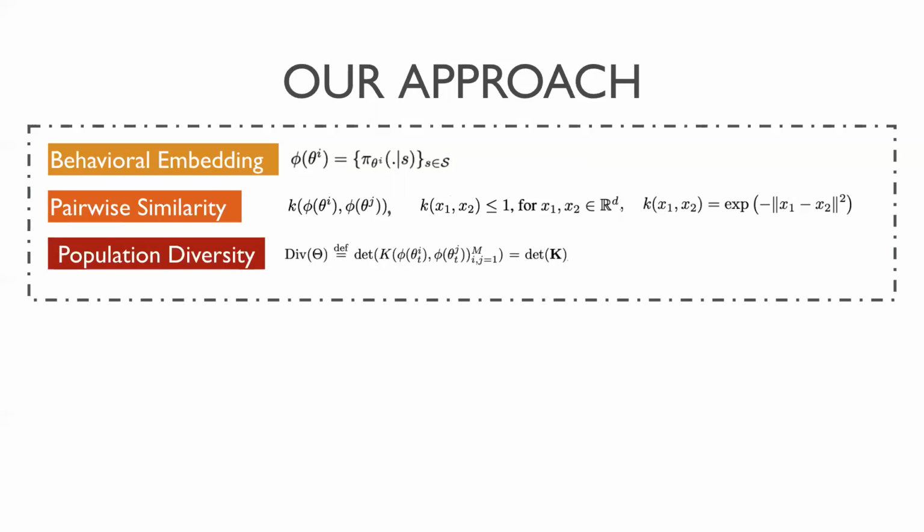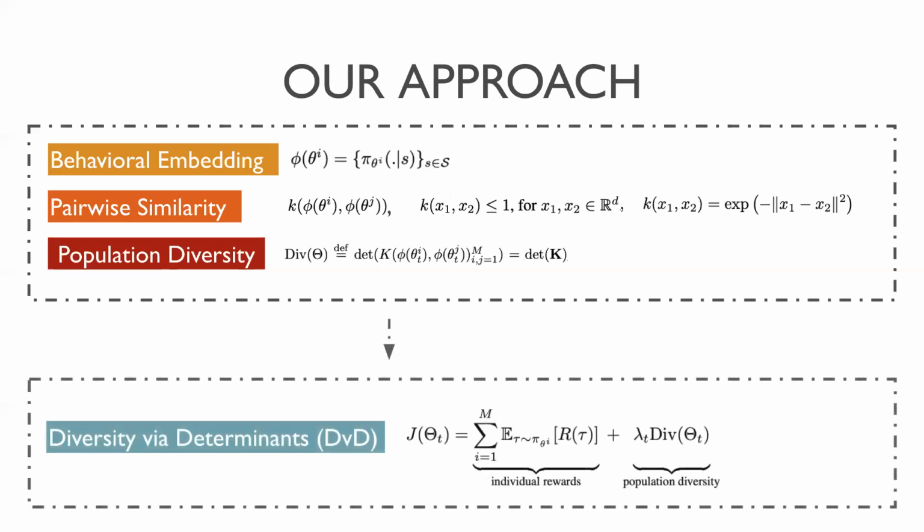Then we use a kernel, in this case the exponential square Gaussian type of kernel, to compute a kernel matrix. And then we use the following population diversity score, which is the determinant of the kernel matrix. This gives rise to the method that we propose, which is called diversity via determinants, or DVD.